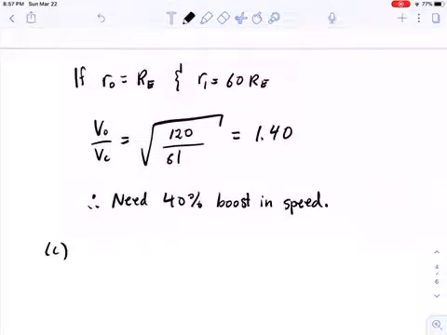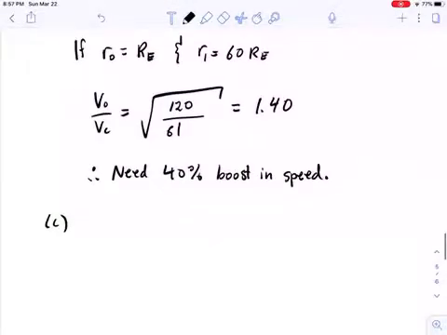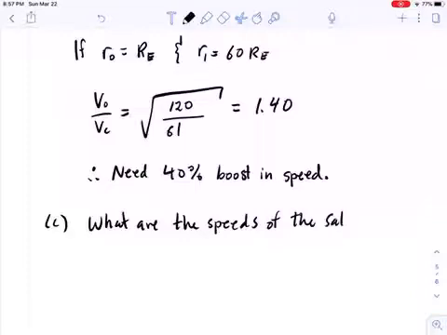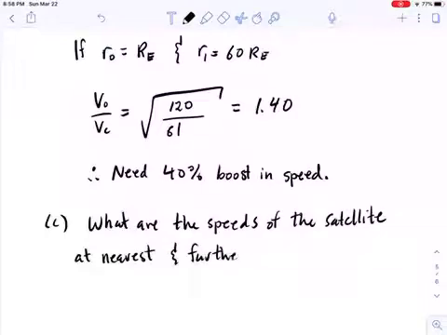Okay, last question is, what are the speeds of the satellite at the nearest and furthest distances?